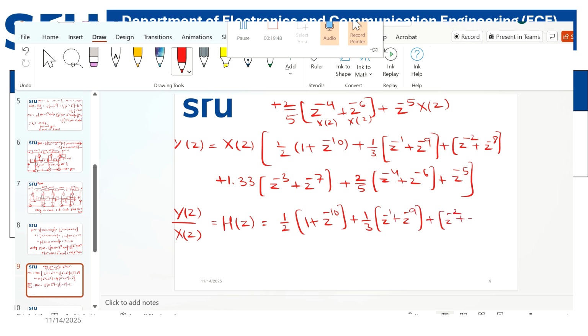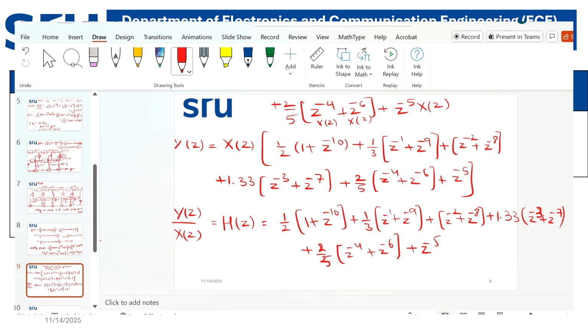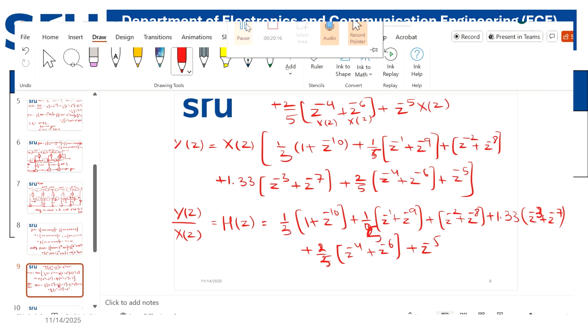Now here you can also see the coefficients for the terms are the same: the first term is common with the last term, the next term with the last but one, and so on. Now this is our h of z. While writing the same expression, take care about the coefficients. The coefficients are constant throughout the entire problem.